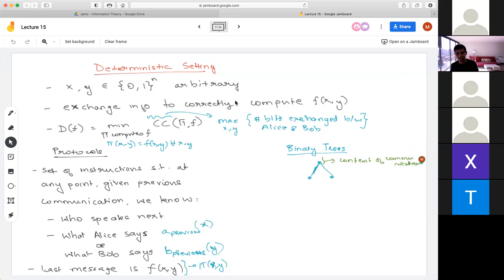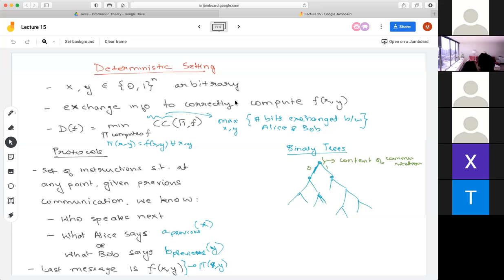At any given point, the next bit of communication is either 0 or 1. So each node has 2 children. And we can keep writing this down. It need not be balanced. Maybe after 3 bits, they decide that they already figured out the value of the function, but in some cases, it might take them 5 bits. So it's not necessarily a balanced tree.